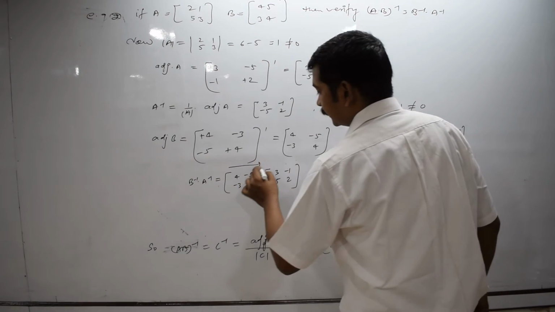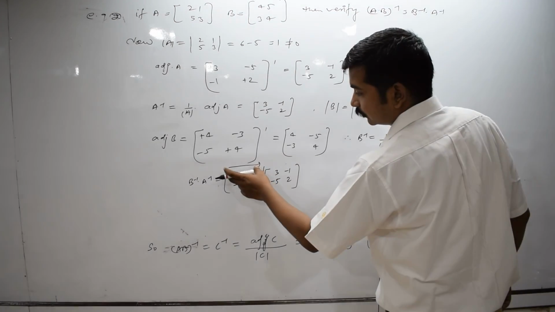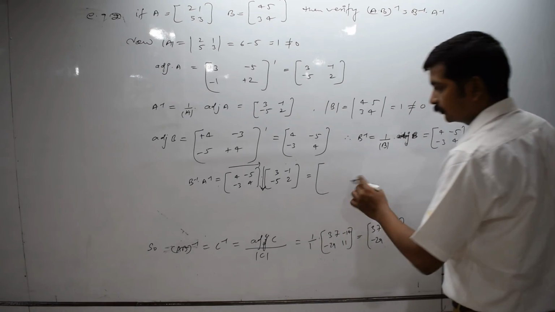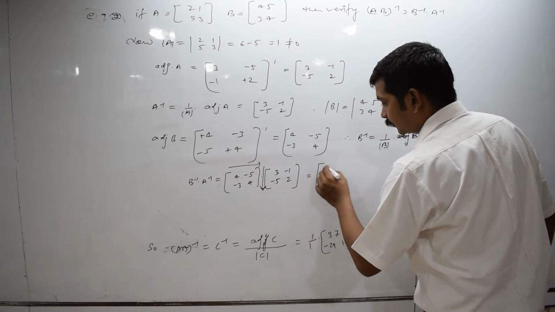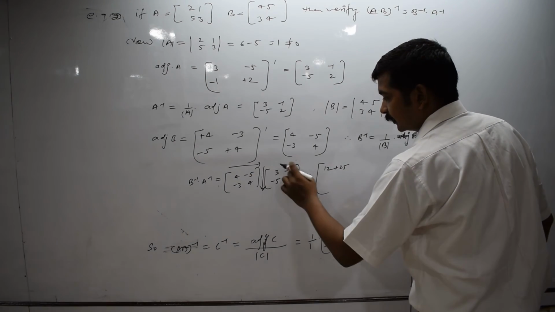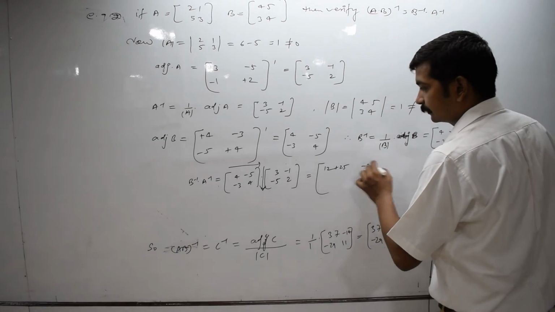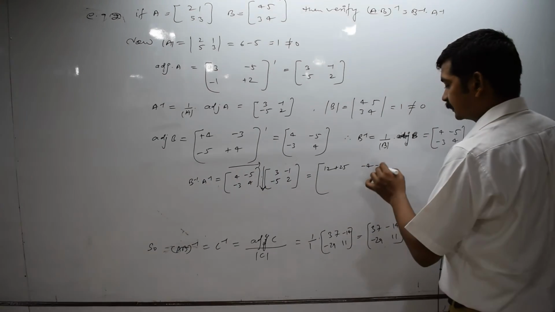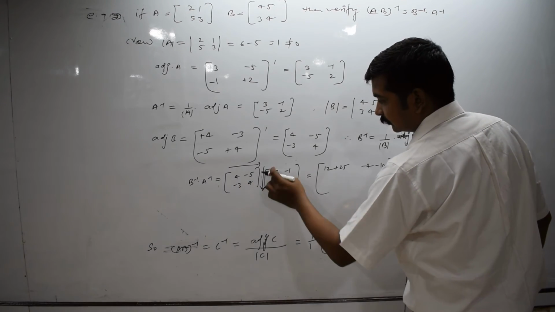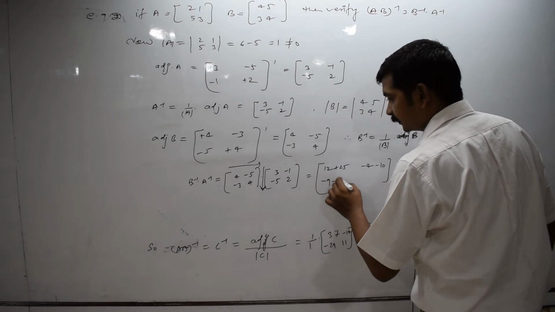Now we multiply: as this is row and this is column, we take a row of the first matrix and a column of the second matrix. So we get 4 into 3 is 12, plus 5 into 5 is 25. Next, minus 4 into minus 1 is 4, 5 into 2 is minus 10. Next we take the second row: minus 9, 4 into minus 5 is minus 20.